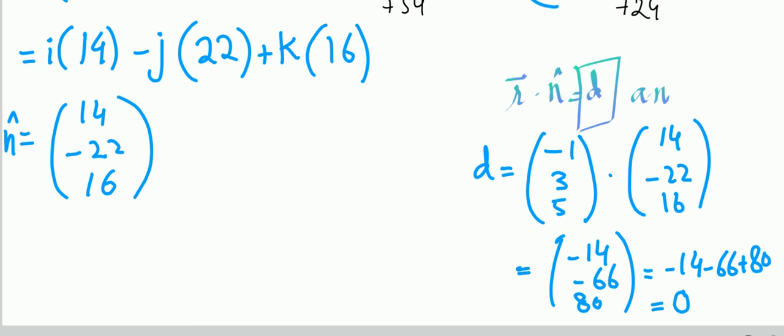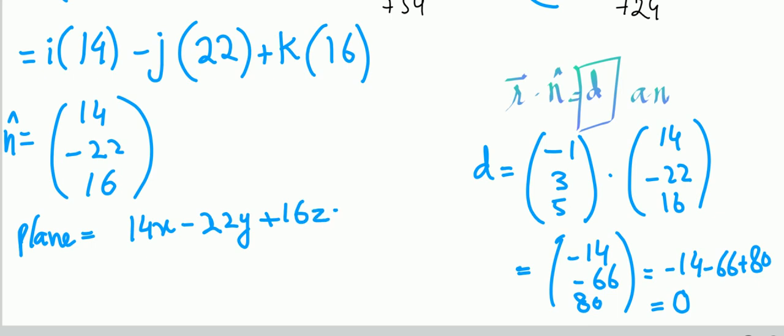So our equation for the plane is gonna be 14x minus 22y plus 16z is equal to 0.